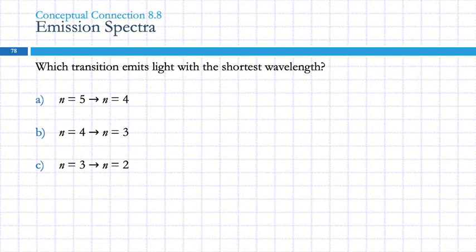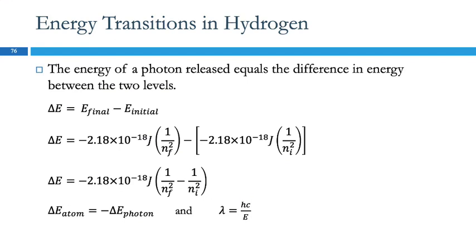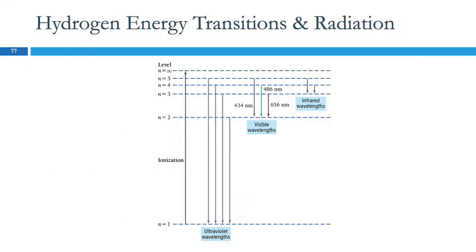Now this is good. Which transition emits light with the shortest wavelength? Let's talk about something here first that I don't think I mentioned.